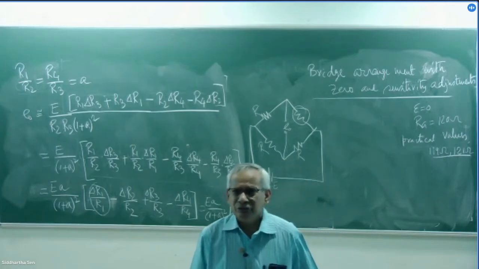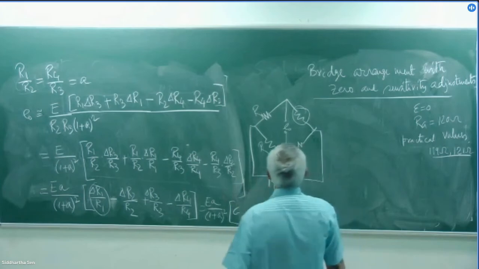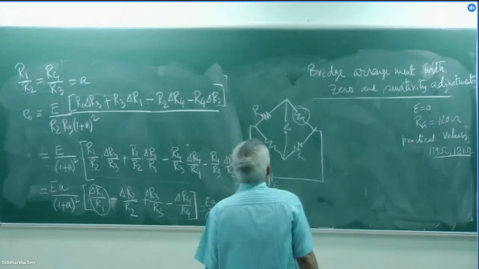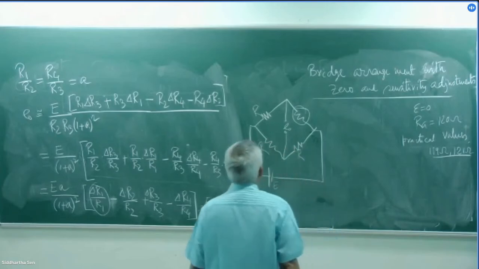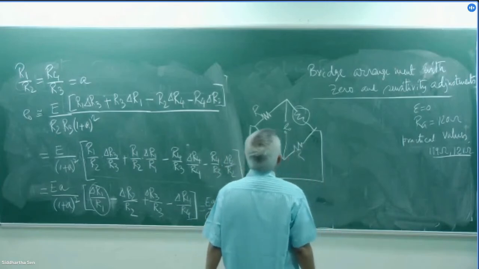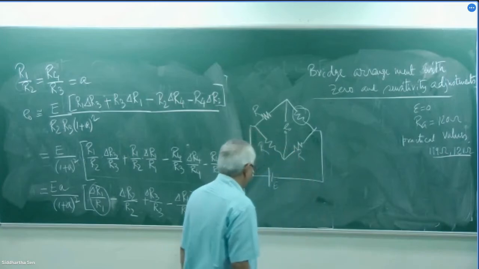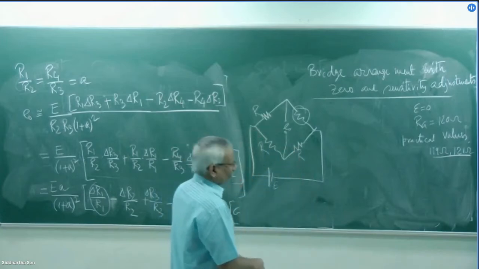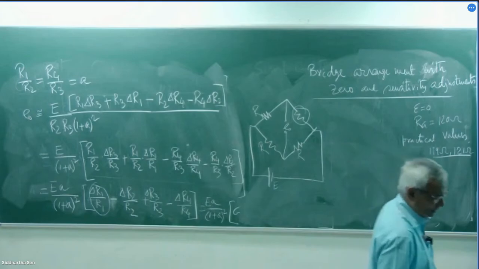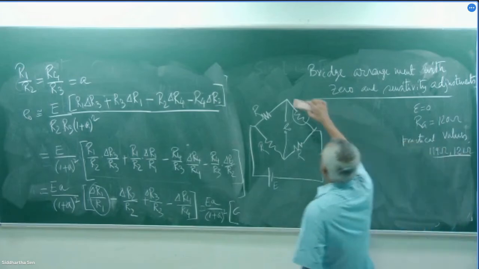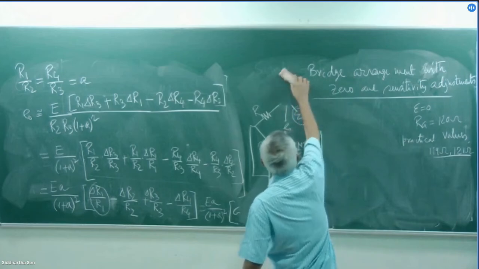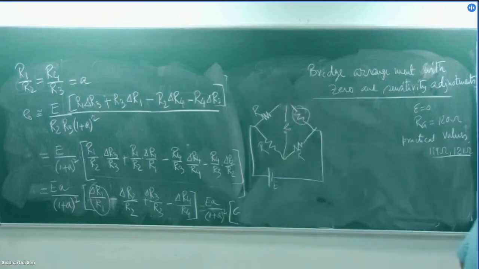So naturally E0 will not be 0 there. What could we do for the balancing? You could say, okay, I will make this arrangement like this.